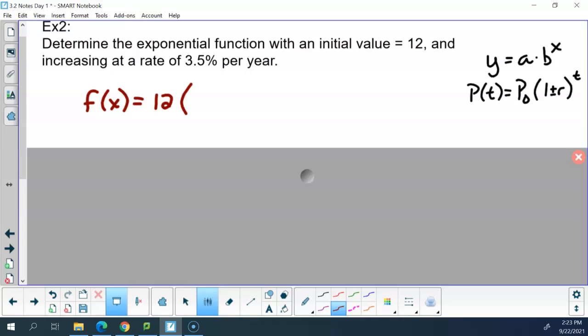Just 1.035. You said 1 plus 1.035, so you were actually 1 too many. Raised to the x power, because I defined x as my variable.